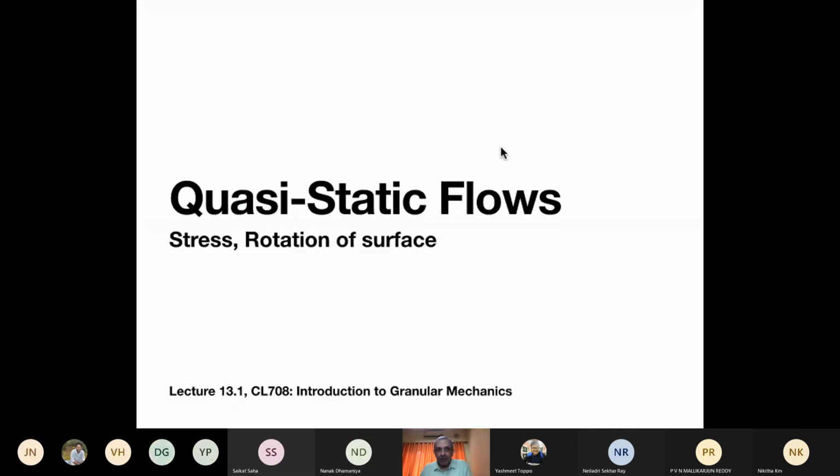So we were looking at how we can study this, and I'm saying quasi-static flows, but it could also be just static flows. Static materials, no flows at all. So they both are dealt with in a similar way.